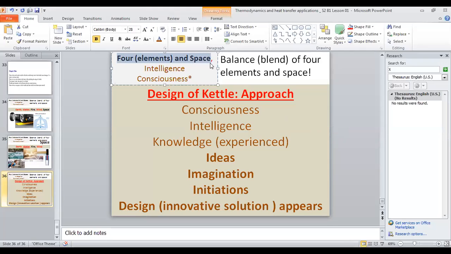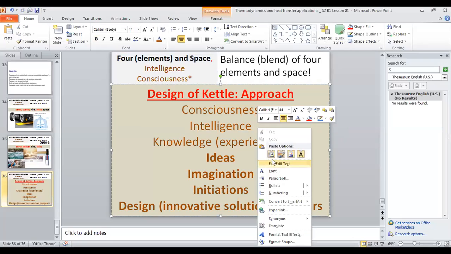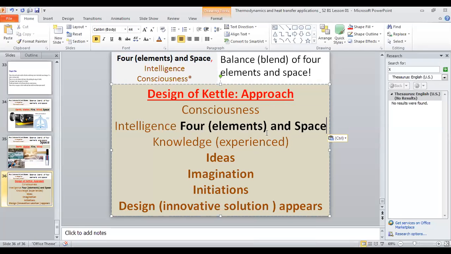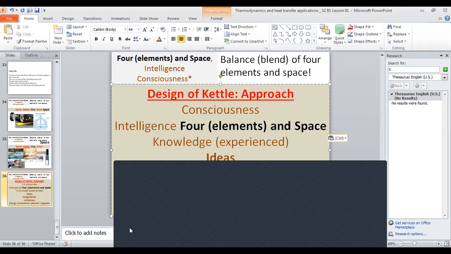So I will put here the intelligence and four elements in space, because that is very important. It is not knowledge, but it is an intelligence: four elements and space.